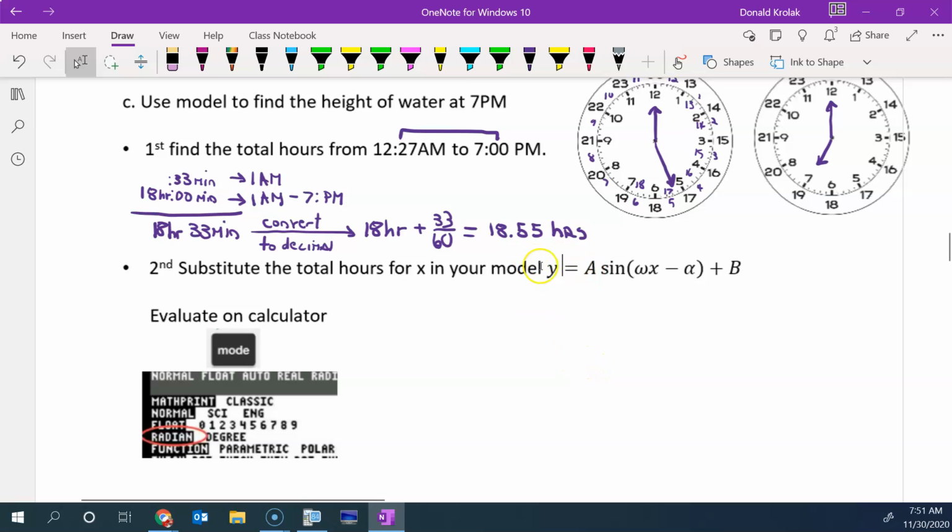Now what we're going to do is just plug that in for x in our equation. And we're going to do that on our calculator.